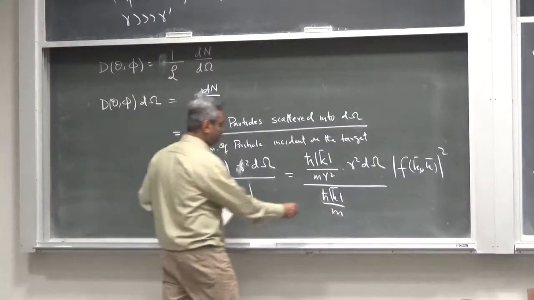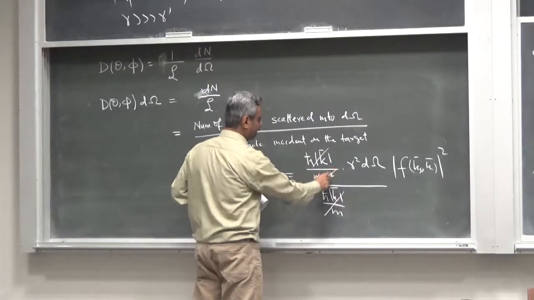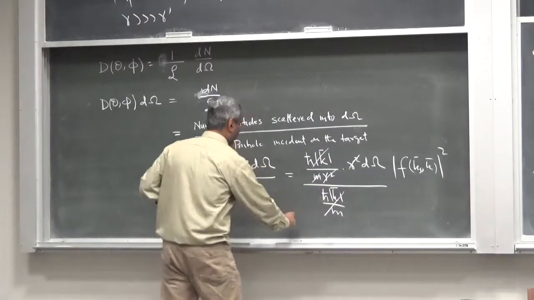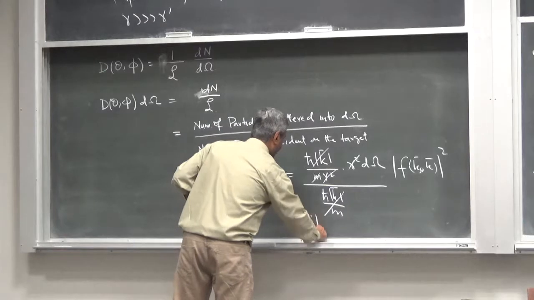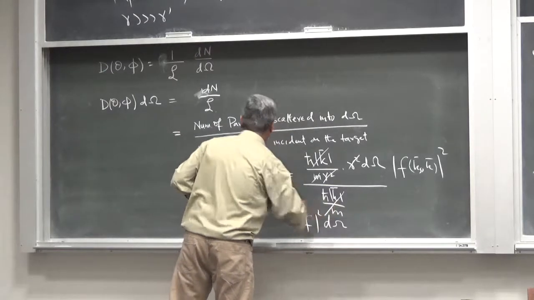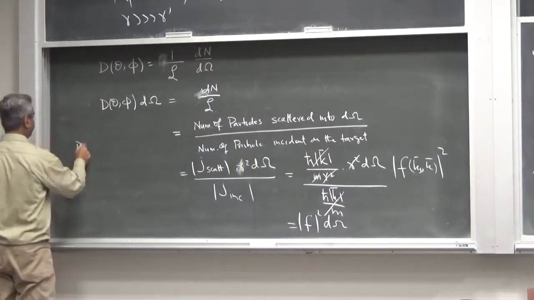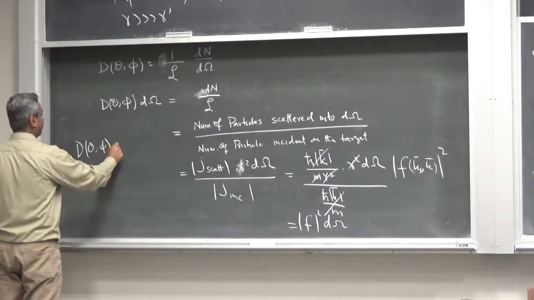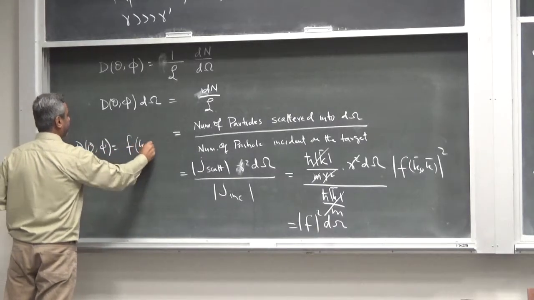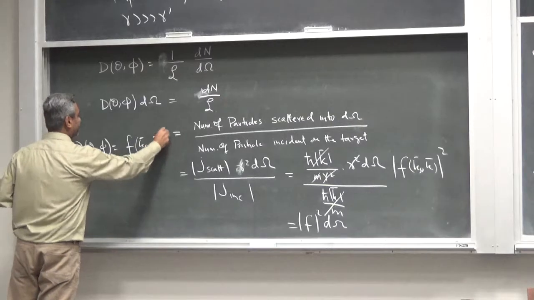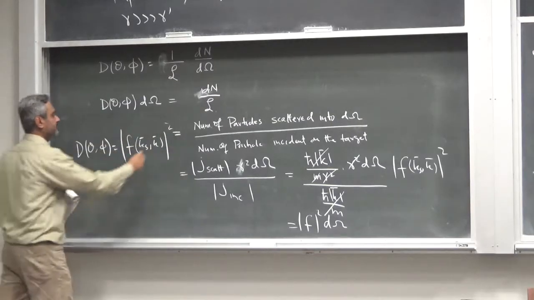So this will cancel with this, and what are you left with? You're left with f squared d omega, which means that d of theta phi is just f of ks k squared.